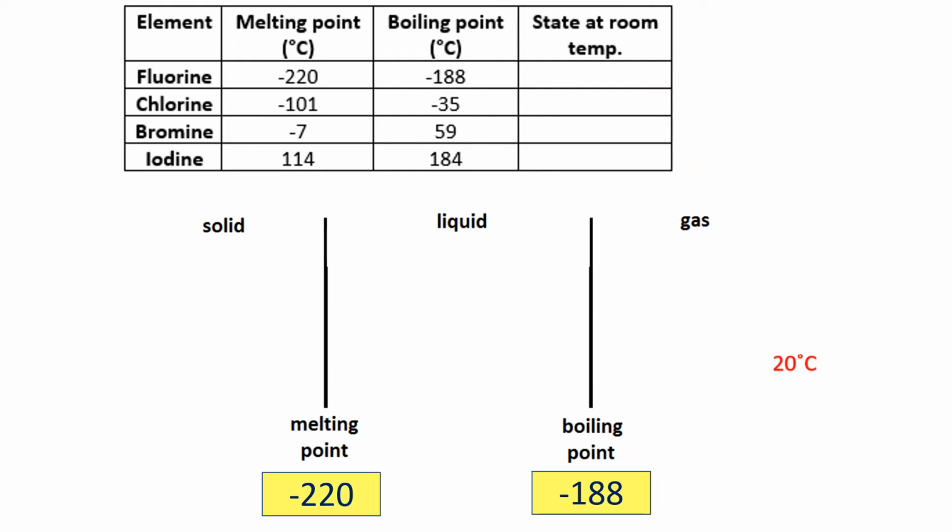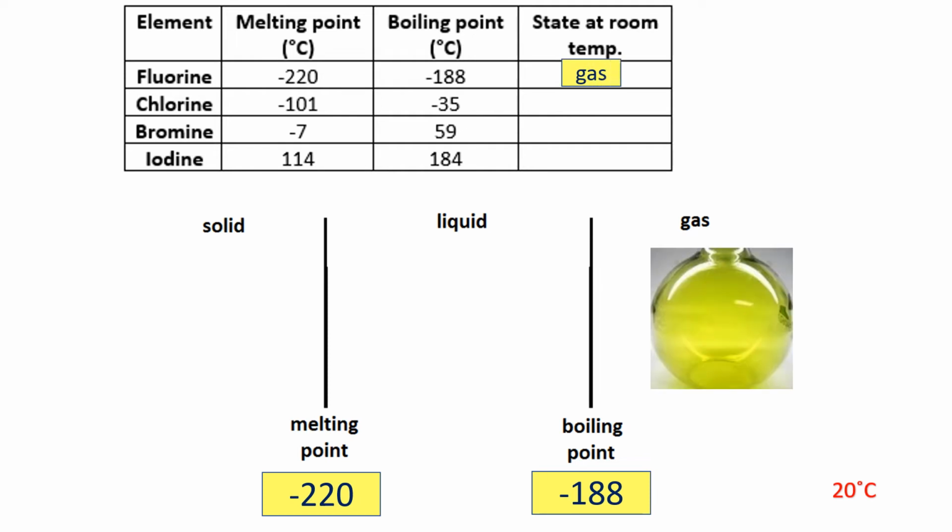Well, it's somewhere way over there, isn't it? Way beyond 0. So at 20 degrees, what is fluorine? Well, it's already melted. It's already boiled. It must already be a gas. Okay, so fluorine at room temperature is a gas. And actually, think back to what we were just talking about.